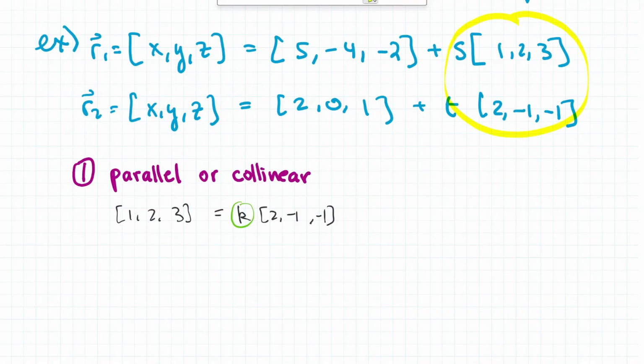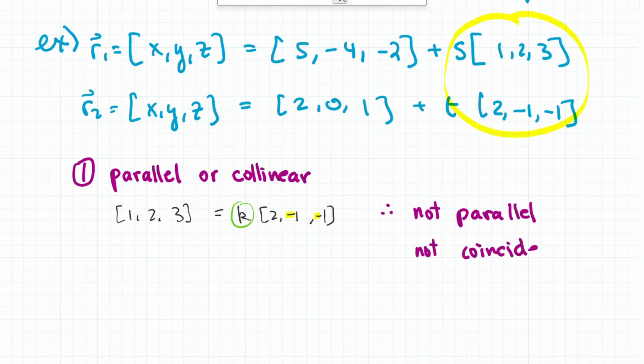The easiest way to check that, honestly, is to look at the negatives. We can see right away there's absolutely no value we can choose for k to ever make this true. If you choose k to make the 1 and 2 work, then the 3 would need a different value, so we're never going to have this equality. So we can right away rule out that it's parallel, and also not coincident.